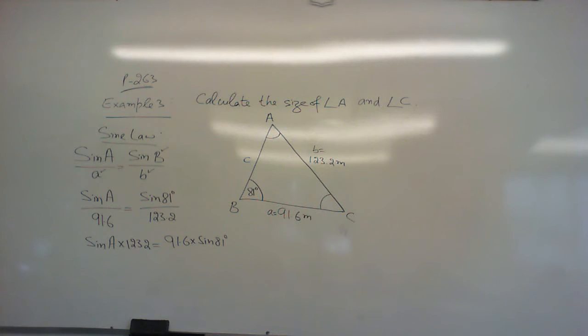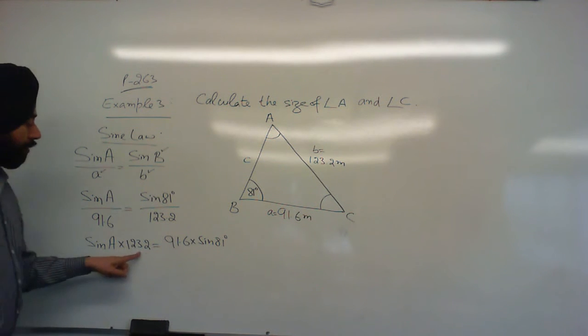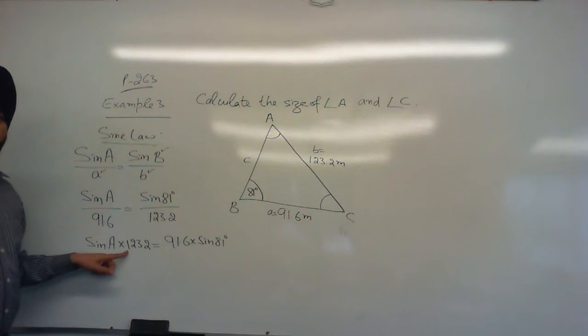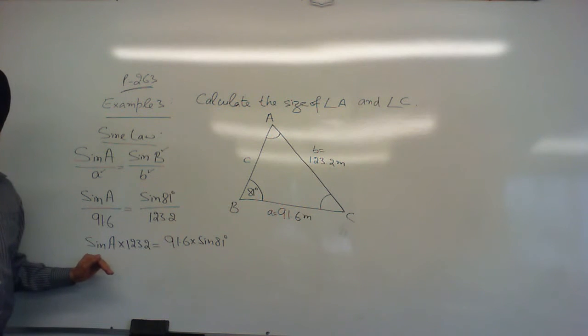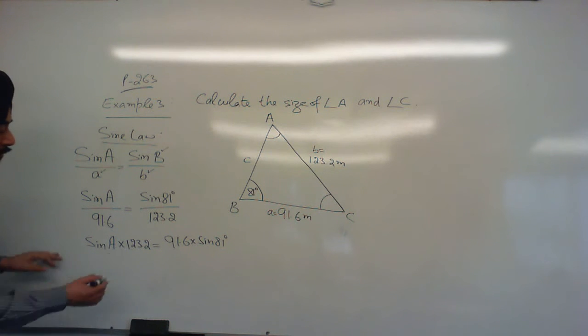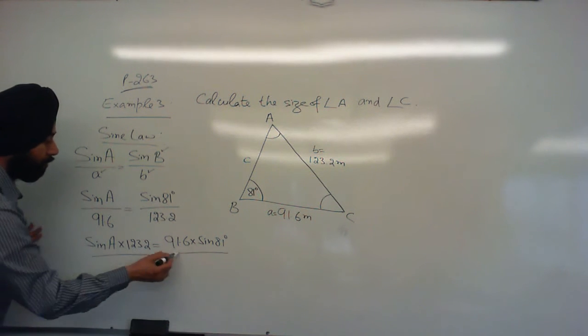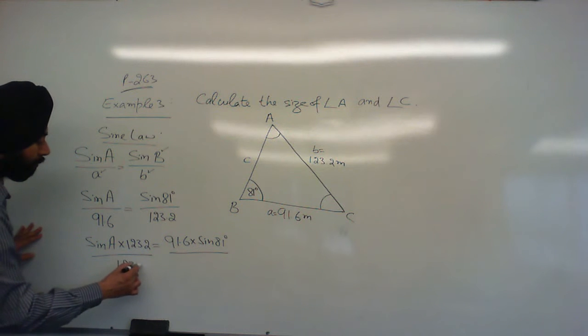So now my next goal is to isolate this sine A. What do I do? How would you isolate sine A? Stephanie? Multiply both sides. No, not multiply. You need to cancel 123.2. This is already multiplied. The opposite of multiplication is division. To cancel 123.2, you will divide both sides by 123.2.